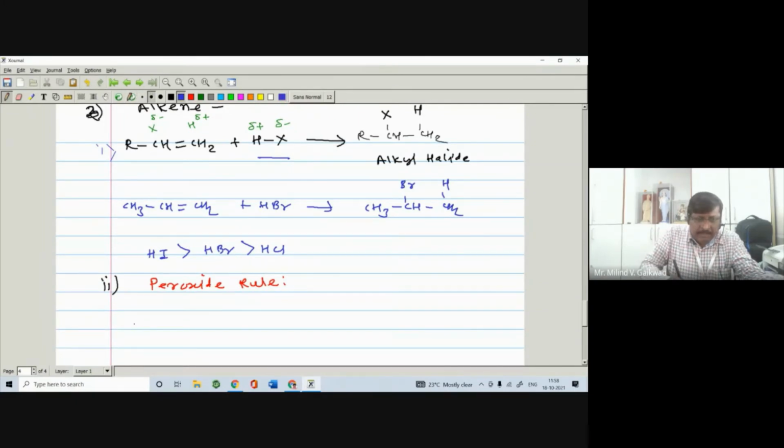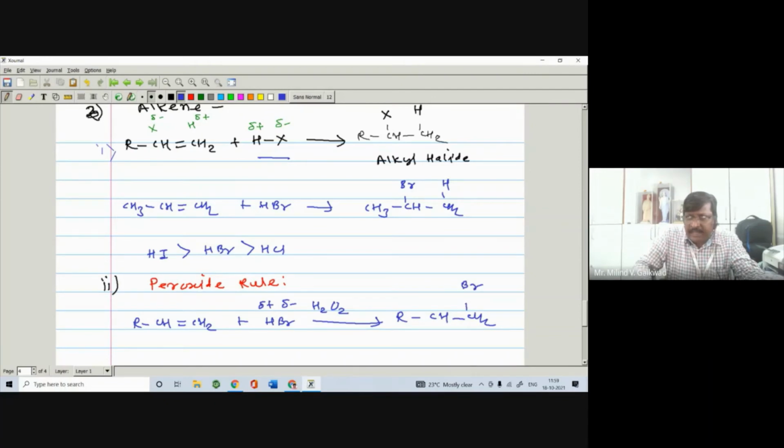If the alkene, R CH double bond CH2, reacts with HBr, and the reaction takes place in the presence of peroxide, hydrogen peroxide, then in that case the negative part of the reagent will attack on that doubly bonded carbon atom which has the more number of hydrogen atoms. Right?